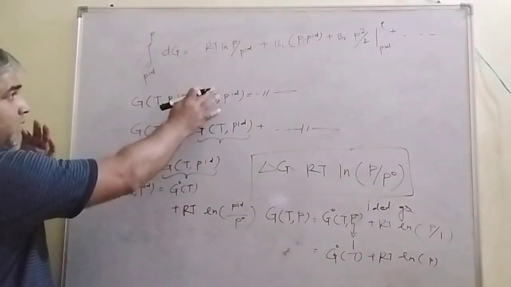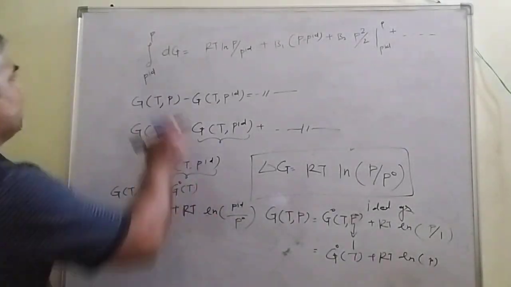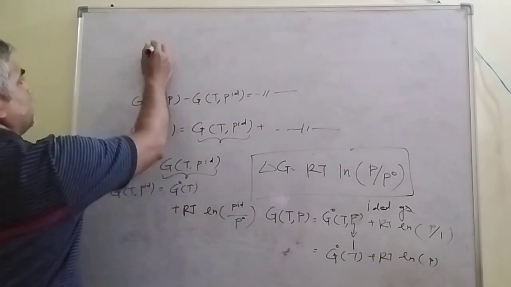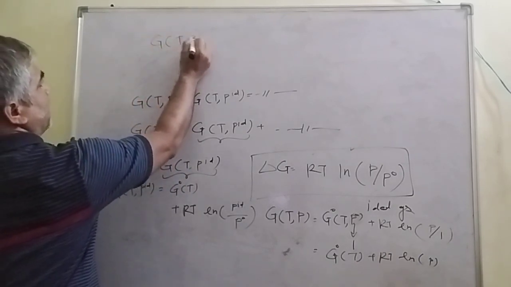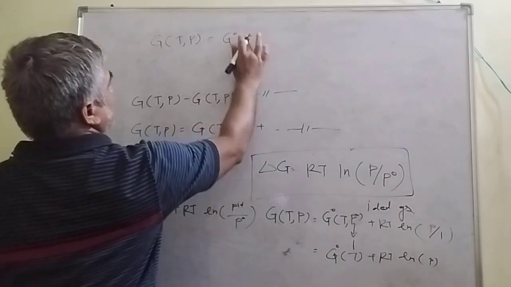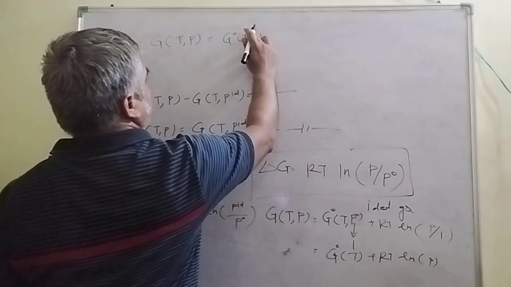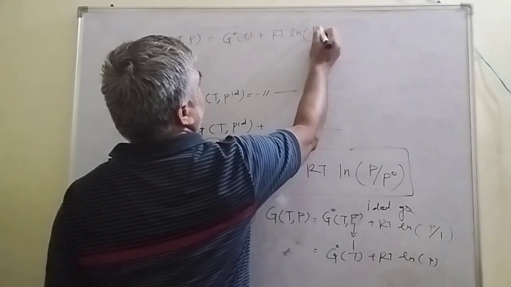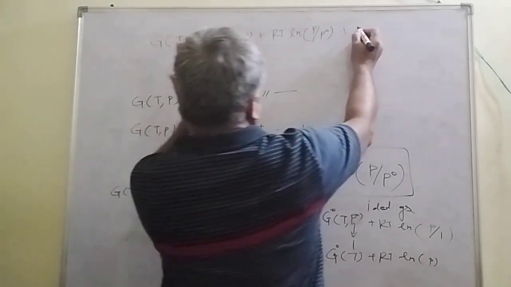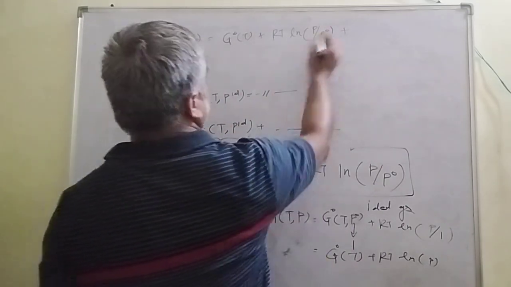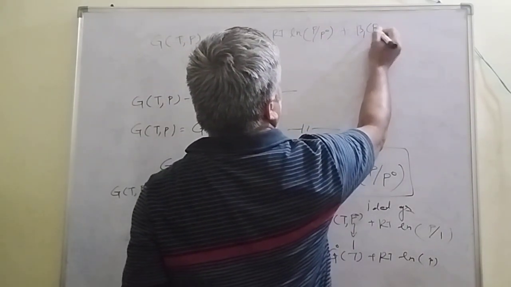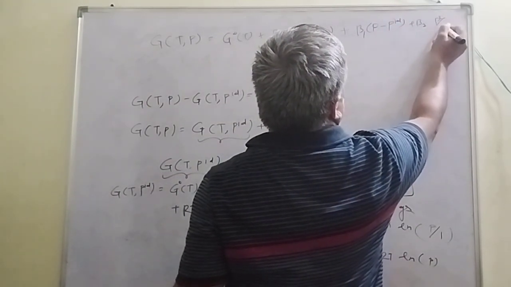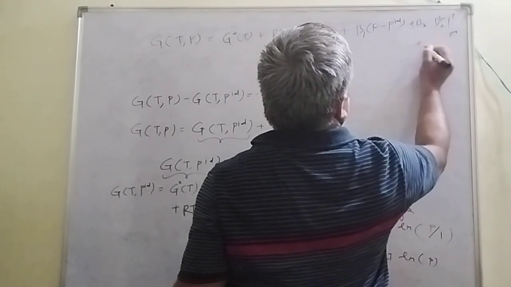If I substitute this into the formula, I get G at temperature T and pressure P equal to G naught at the given temperature plus RT ln of P by P naught plus the same extra terms, B1 times P minus P ideal plus B2 P square by 2 from P ideal to P, plus and so on.